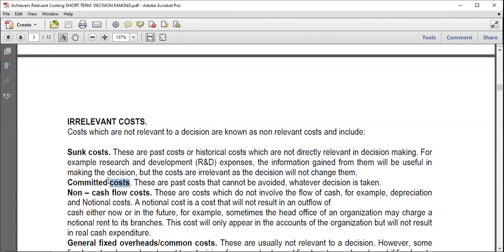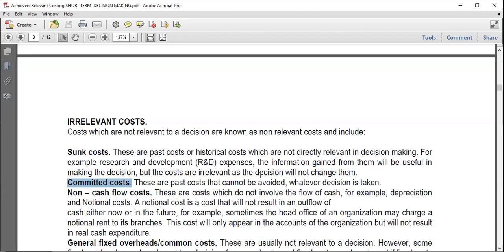And then we have also what we call the committed costs. Now, committed costs could be, for example, certain suppliers that may ask you to make a deposit. You get it? Make a deposit on a certain purchase.